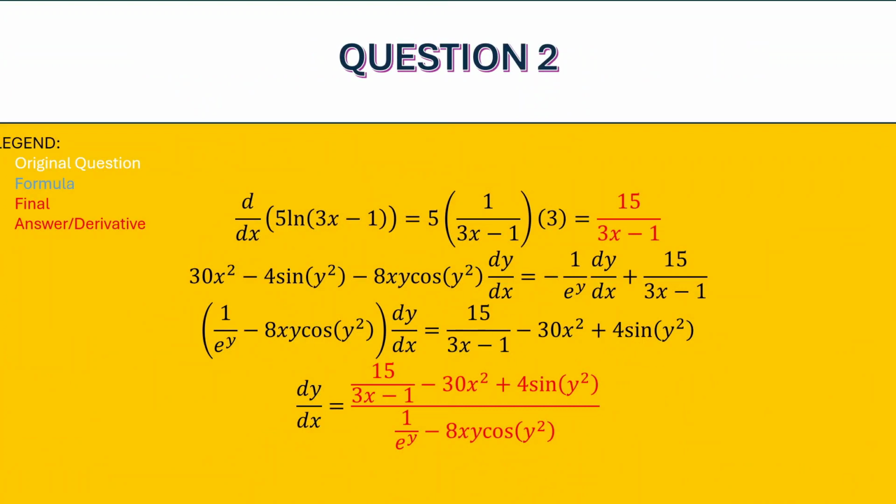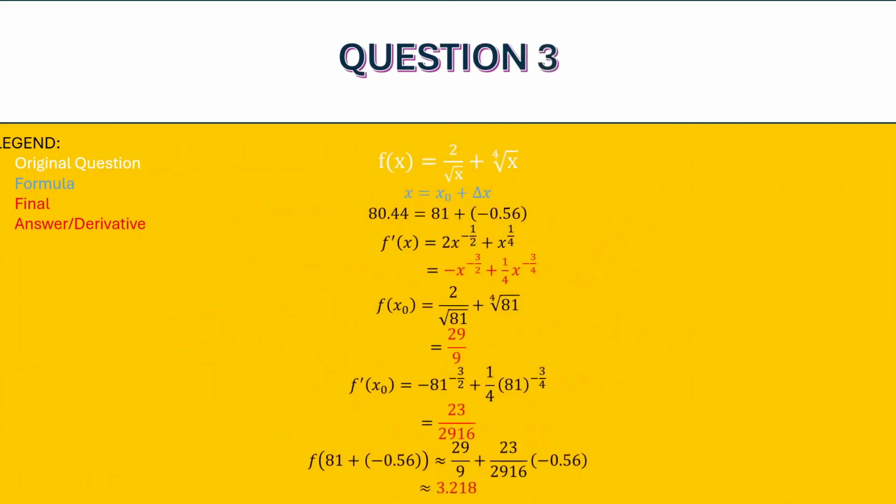Then we solve it, which gets us the final answer of dy/dx equals 15 over (3x-1) - 30x^2 + 4 sin(y^2), over (1 over e^y) - 8xy cos(y^2).